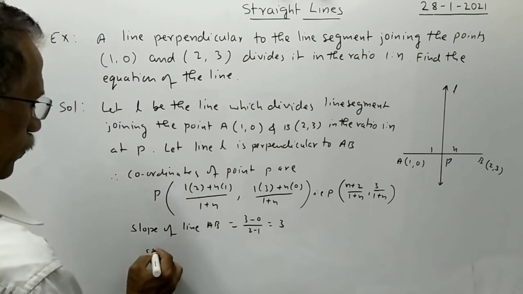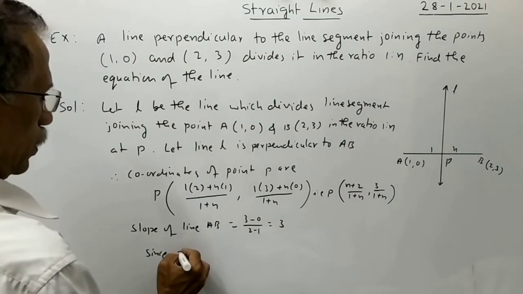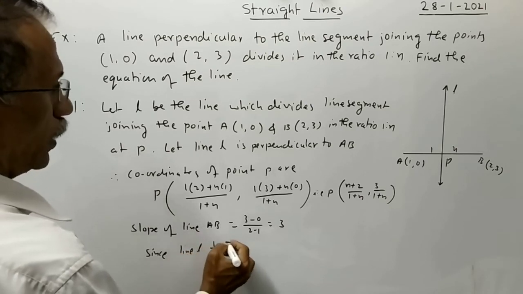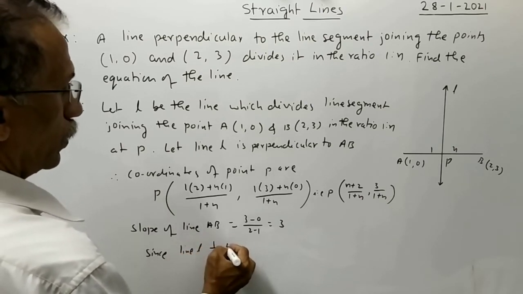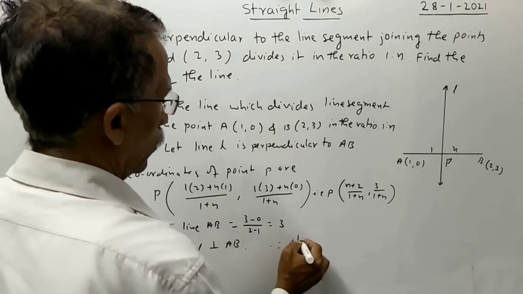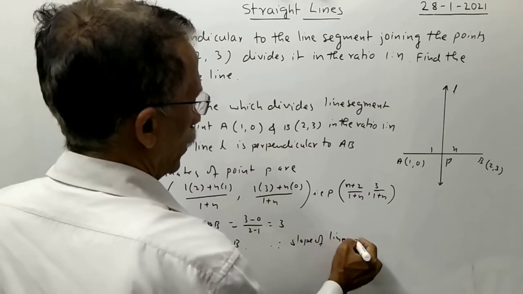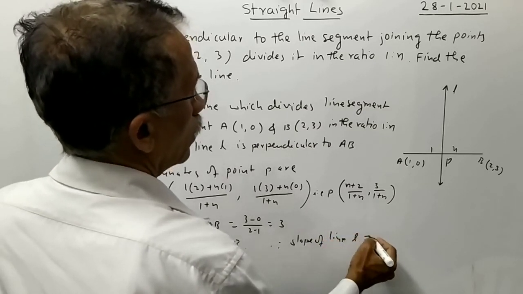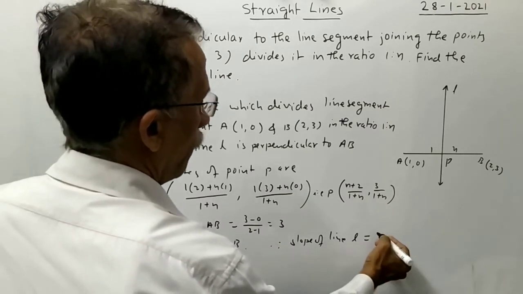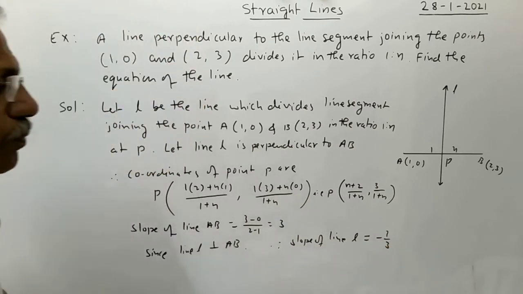Since line L is perpendicular to AB, therefore slope of line L is equal to minus 1 by 3.